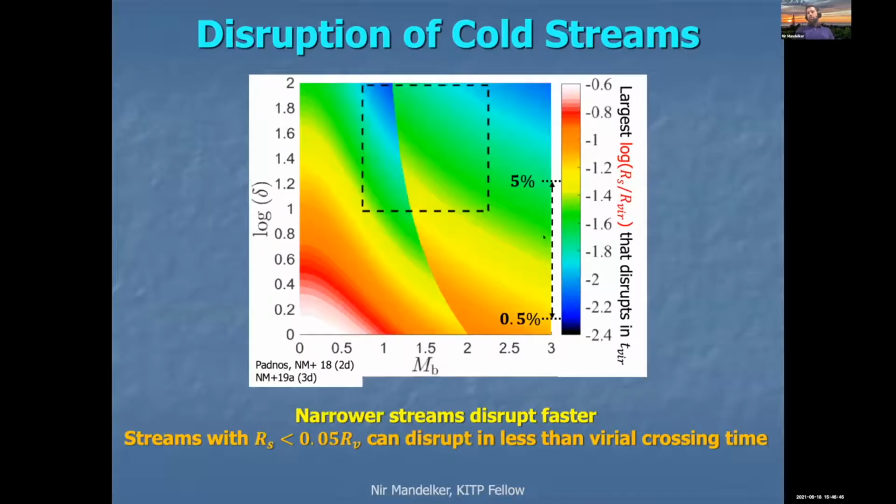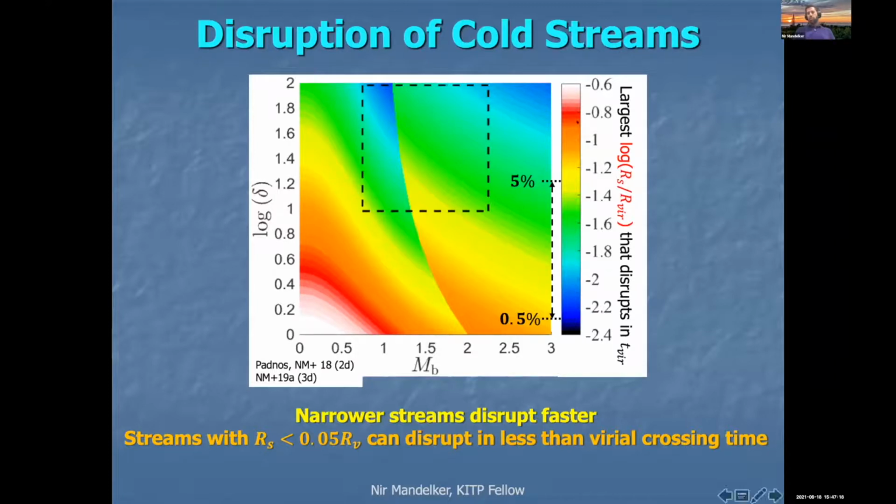And that allows you to define, in the same space of density contrast versus Mach number, the largest stream radius in units of the virial radius that will be completely disrupted and mixed into the background in less than a virial crossing time. And the upshot is that, depending exactly where you are in this parameter space, effectively any stream that has a radius smaller than 5% of the virial radius could be completely destroyed and mixed in with the hot gas due to Kelvin-Helmholtz instabilities in less than a virial crossing time.